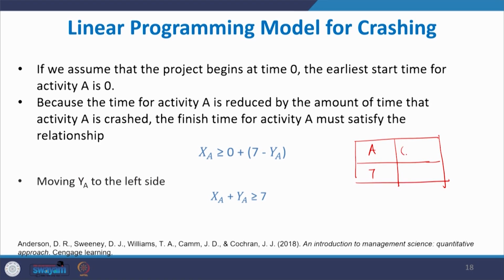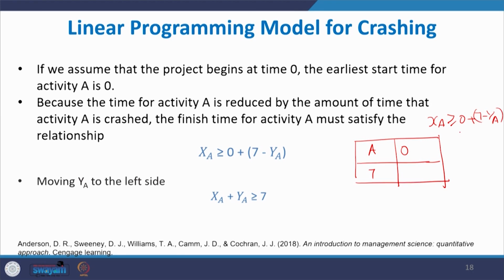The earliest starting time is 0, because the time for activity A is reduced by the amount of time that activity A is crashed. The finish time for activity A must satisfy the following relationship. What is that? XA is greater than or equal to 0 plus 7 minus YA.